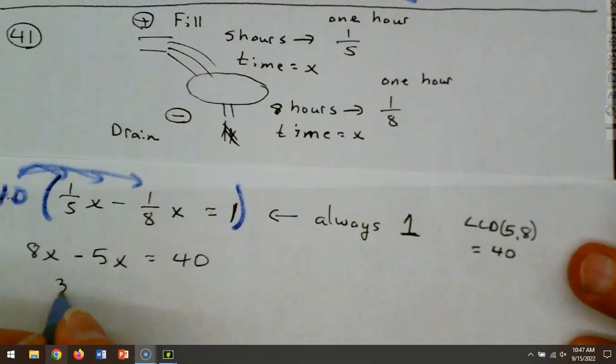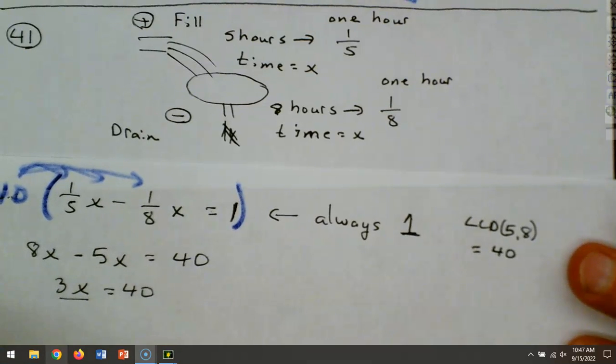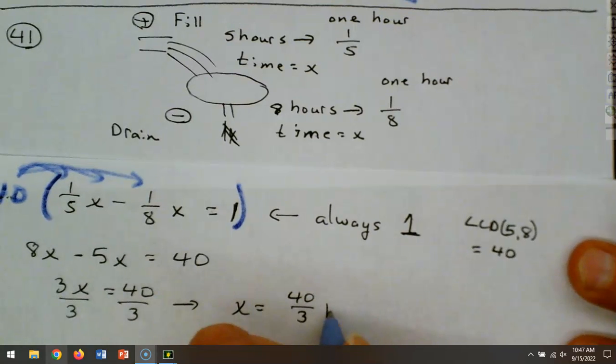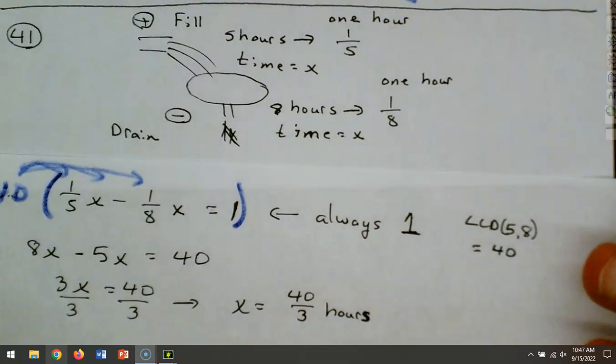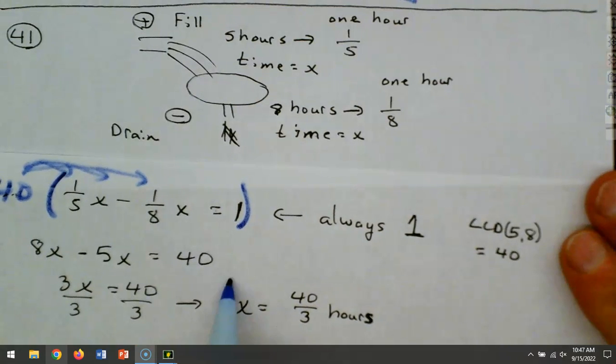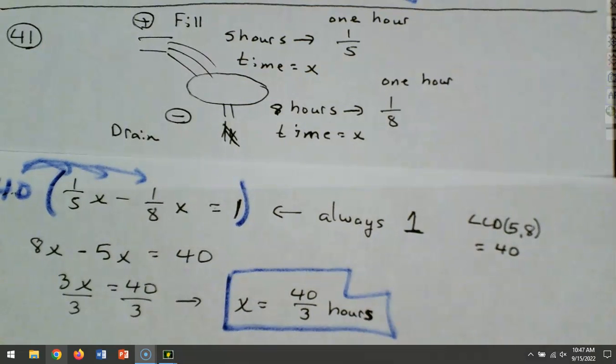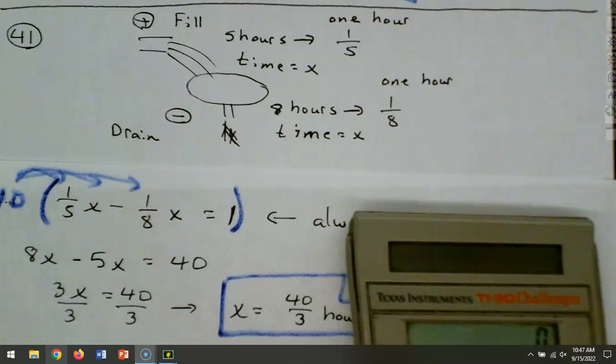Combining those together, we get 3x equals 40. Divide by your 3. That leaves us now with our finished answer, which is 40 over 3 hours. Okay, so 40 over 3 hours then. And you can check it if you want, because 40 over 3 would be 13 something, if I remember right.